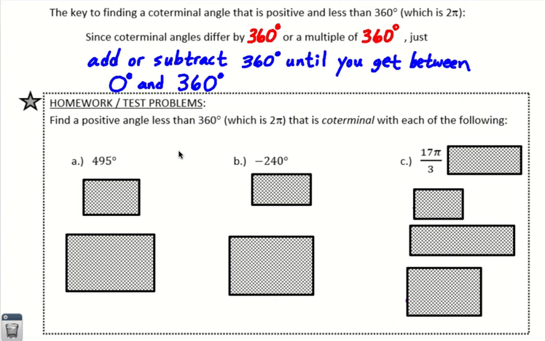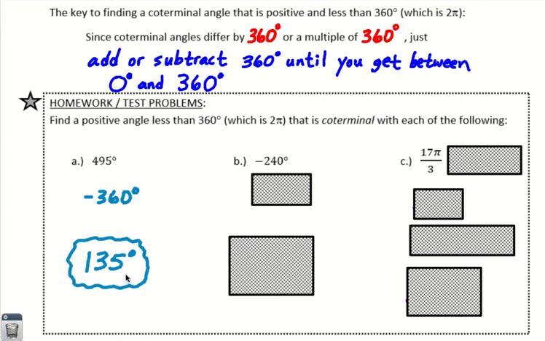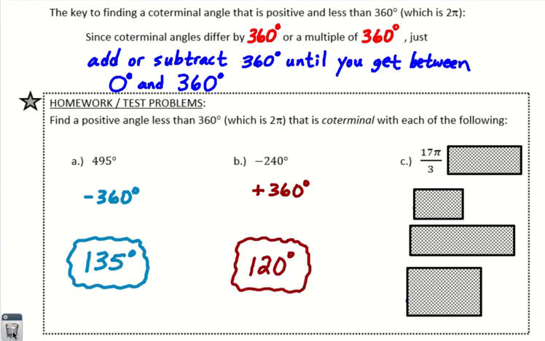That's in the positive direction on the first rotation. Well, how do we figure that out? Like it says up here in blue, just subtract 360. And 135 fits the description of where we want to end up. So 135, which is on the first rotation, and it's positive, is the best coterminal angle for 495. Well, this next example, for negative 240, we're going to have to add 360, and we get 120. And so that's that answer.